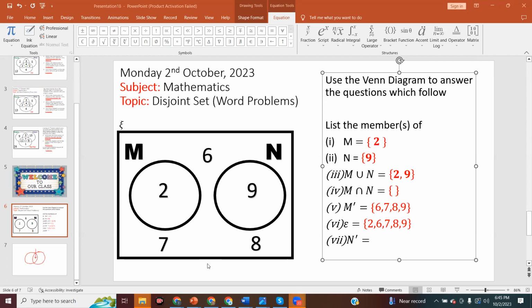Okay, so let's check what y'all have. What does this mean? This is N complement. What does N complement mean?